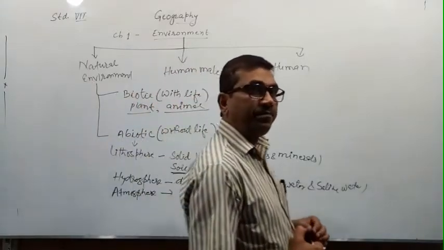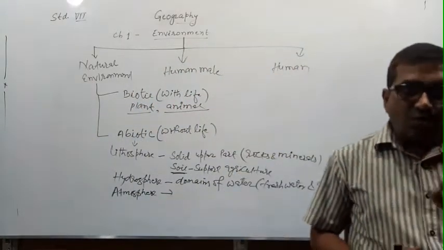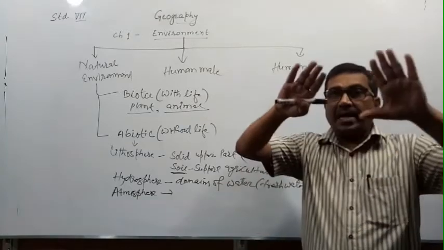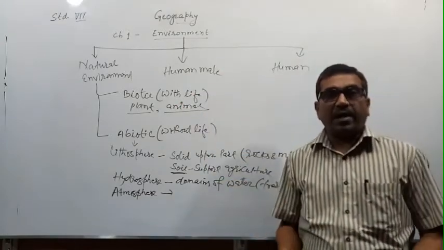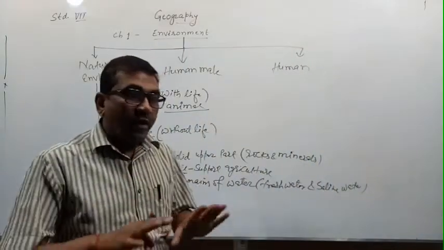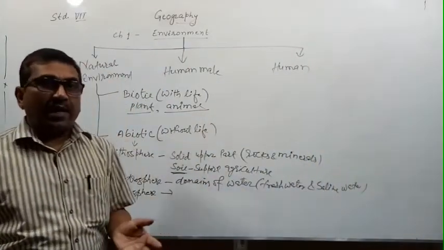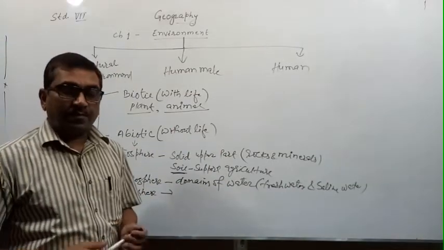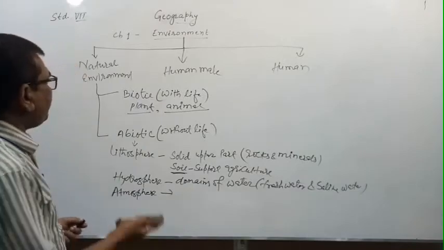Lithosphere we have discussed. Hydrosphere we have got. Atmosphere is the blanket of air around the earth. Blanket of air around the earth is called atmosphere.